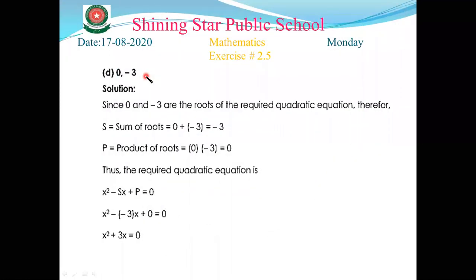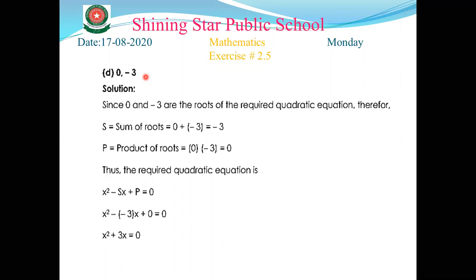Next, part D, 0 and minus 3. Since 0 and minus 3 are the roots of the required quadratic equation, therefore the sum of the roots is 0 plus minus 3 is equal to minus 3, and 0 multiplied by minus 3 is 0.